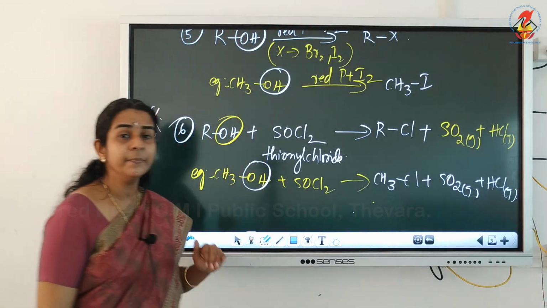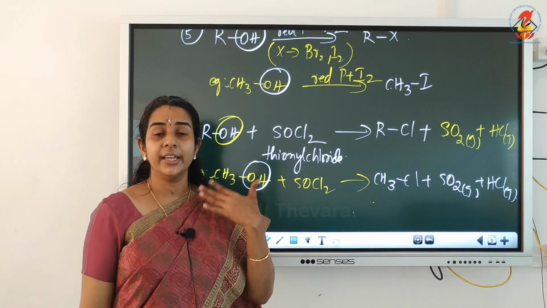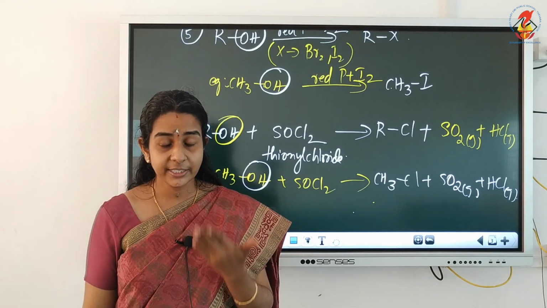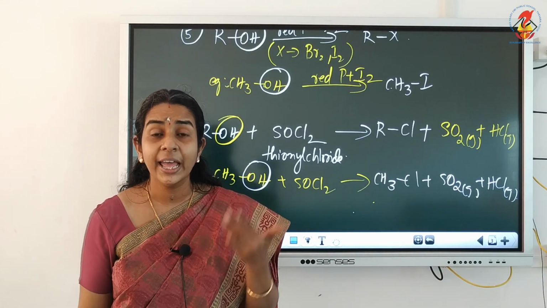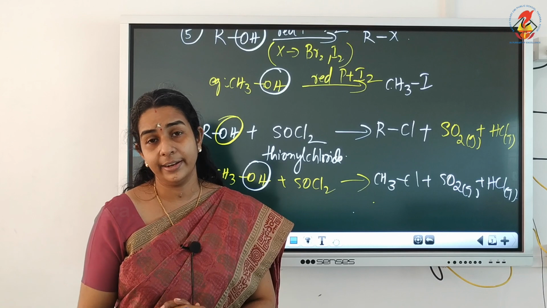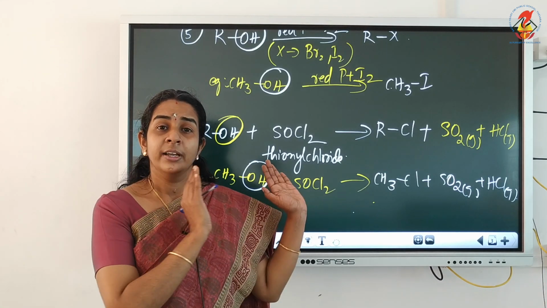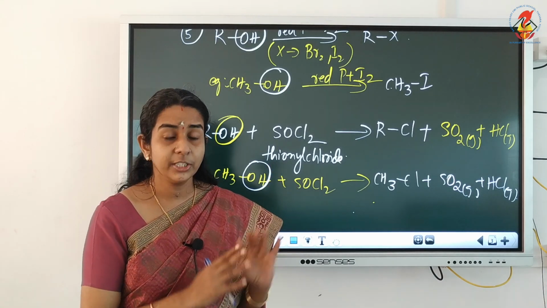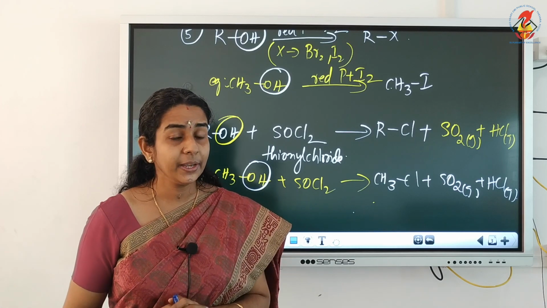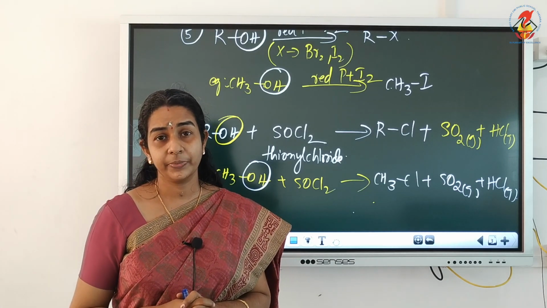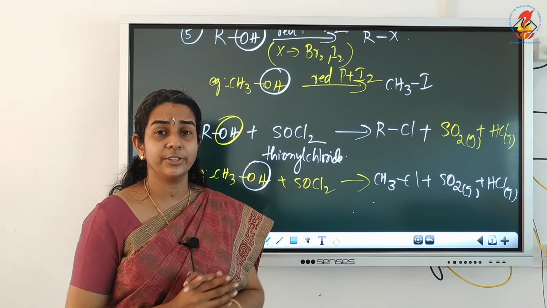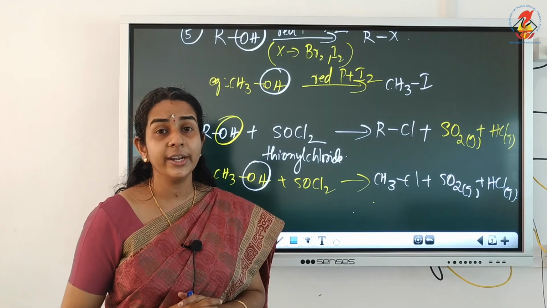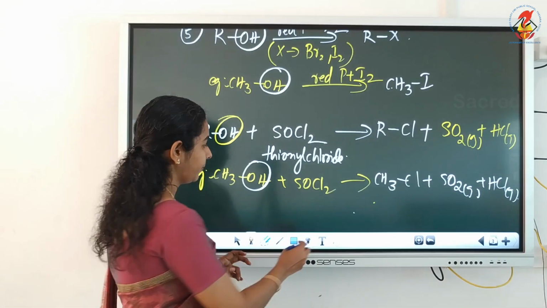So these are the 6 reagents that we can use to convert alcohols to alkyl halides. So remember, from alcohols using these reactions we can prepare only alkyl halides. Among all these 6 reagents, thionyl chloride is the most preferred reagent.